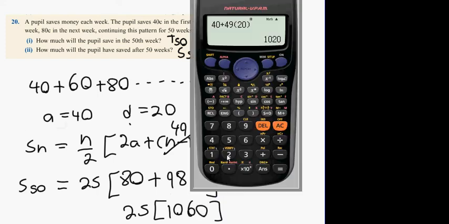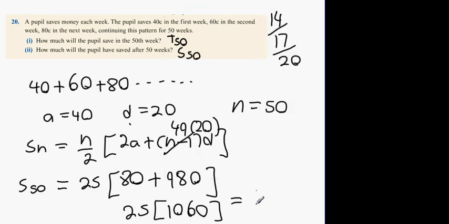What we get there is 26,500, and we can divide that by 100 to convert it into euro, and get €265. So it's €265 or 26,500 cents. Okay?